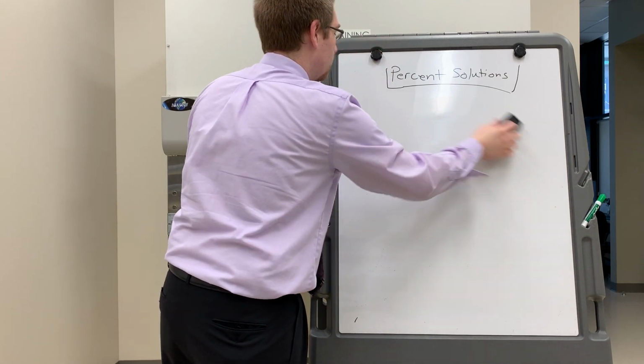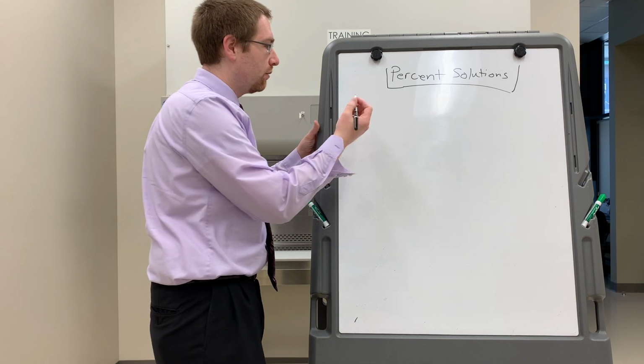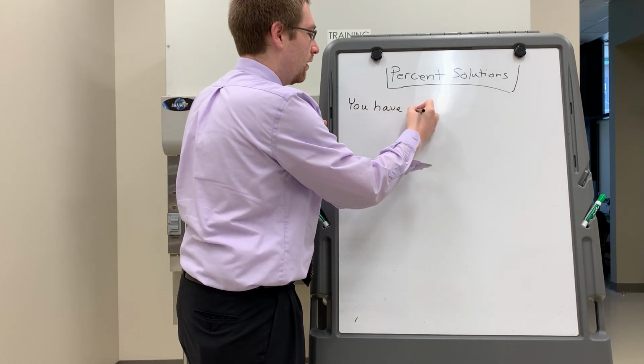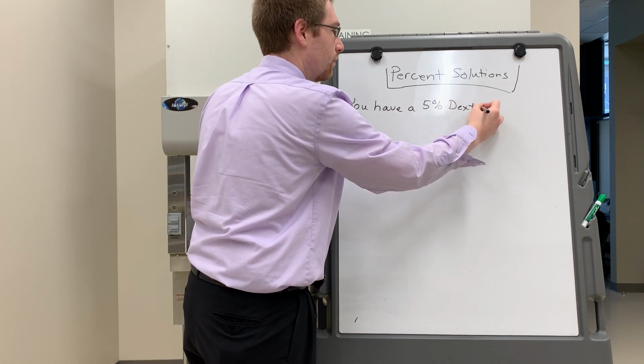So in this first problem, what I'm going to do is tell you have a particular percent solution. So, kind of like I just mentioned a minute ago, you have a 5% dextrose solution.